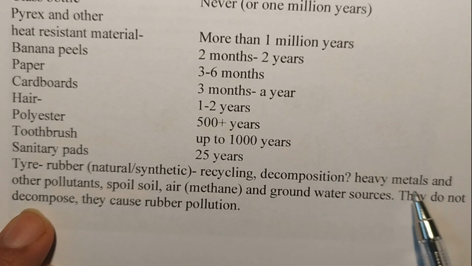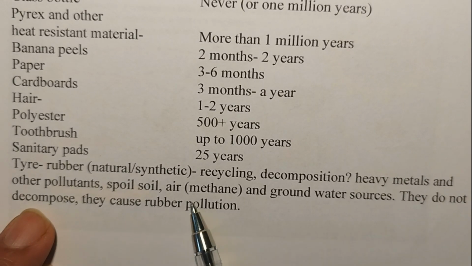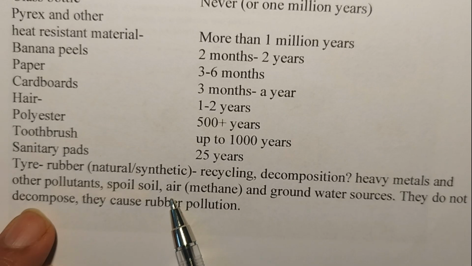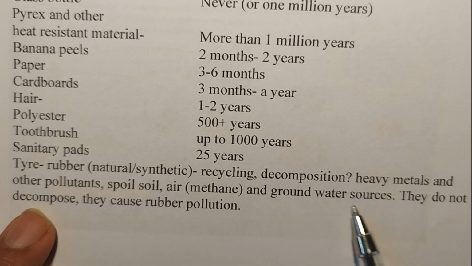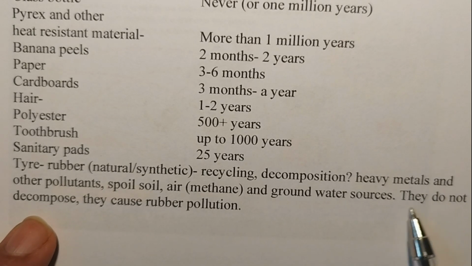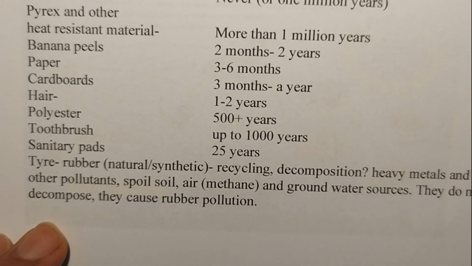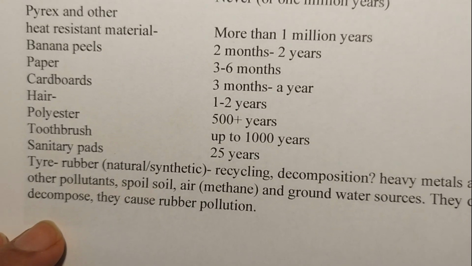And there are some metals used to make the tire that can pollute the soil, the water, the air, and groundwater sources. So they do not actually decompose, they cause rubber pollution, and that can last for years and years.